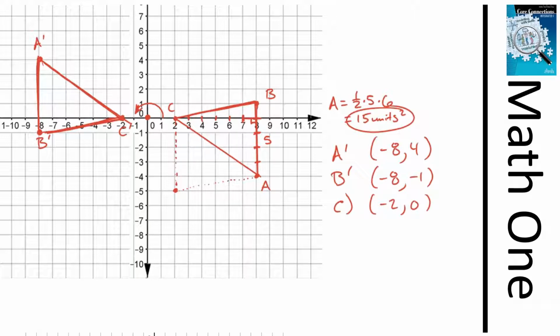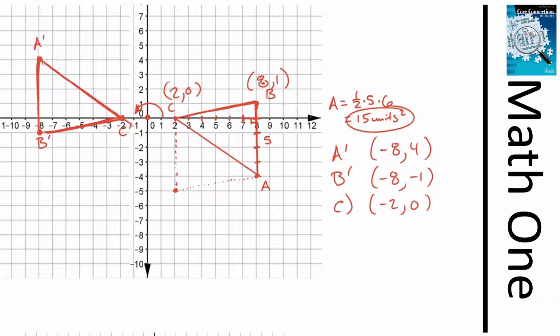And if you look at those, there's kind of a relationship between where the points were and where they went. For example, the original B was at (8, 1). Look at how that changed: B prime went to (-8, -1). So the sign of both of those numbers changed. They just became the opposites. C was at (2, 0).